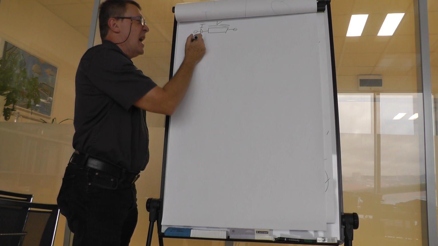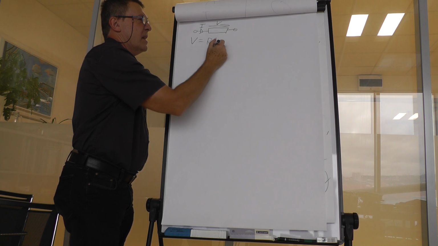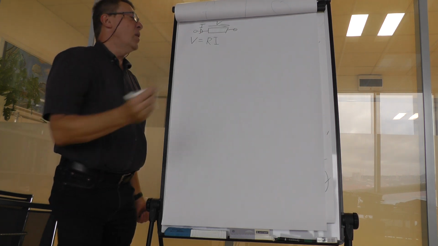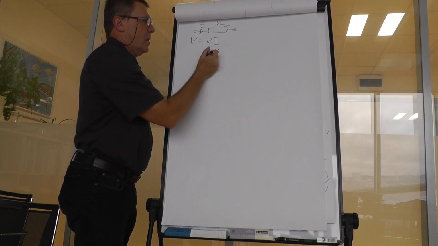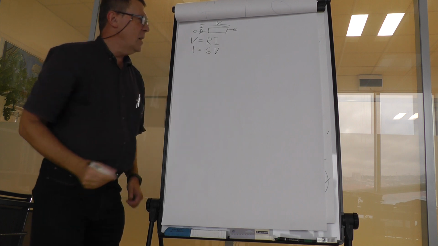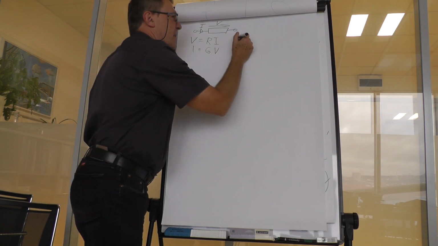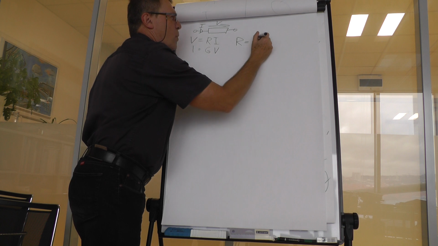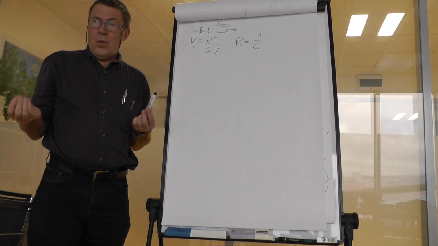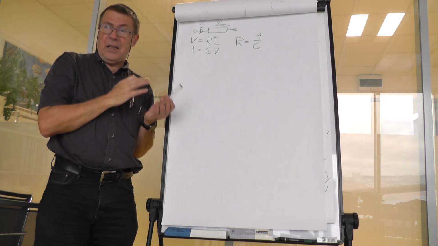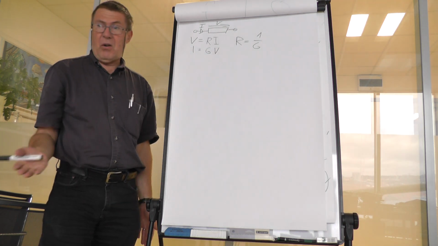So you could express that as voltage equals resistance multiplied by current, or the current is conductance times voltage. That is, R is 1 over G. But anyway, you are not very interested in what happens inside, provided that this simple circuit element keeps the ratio between current and voltage.